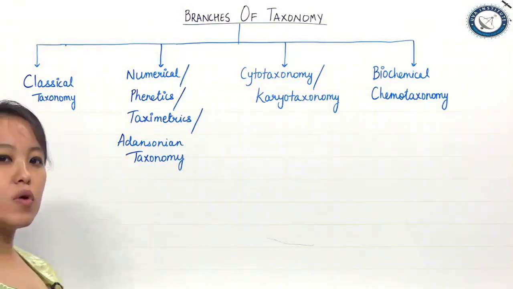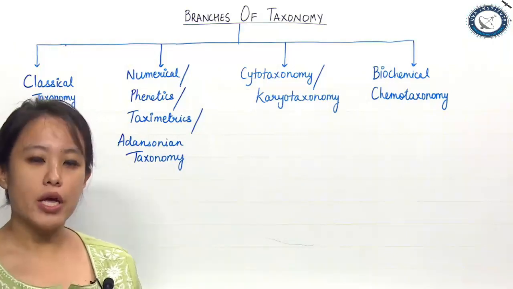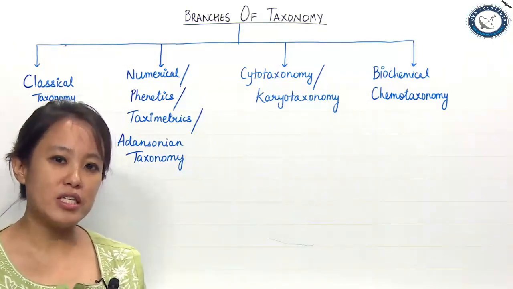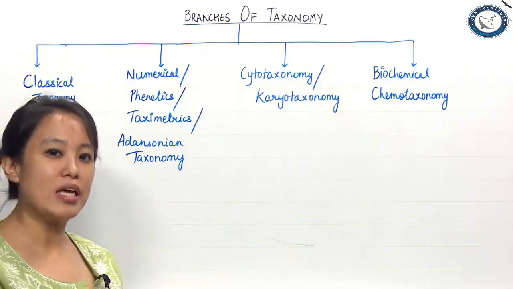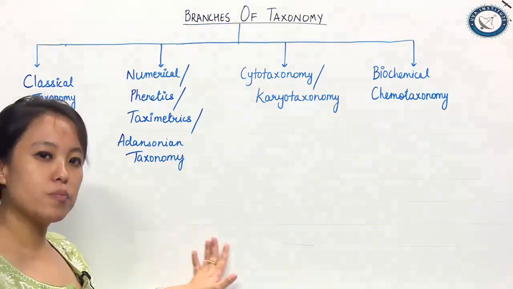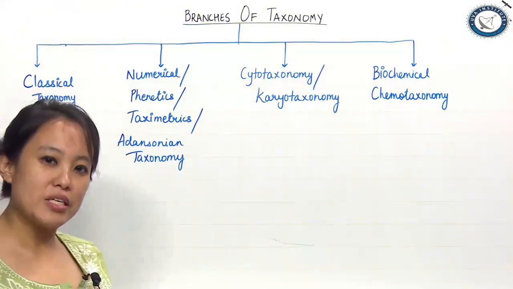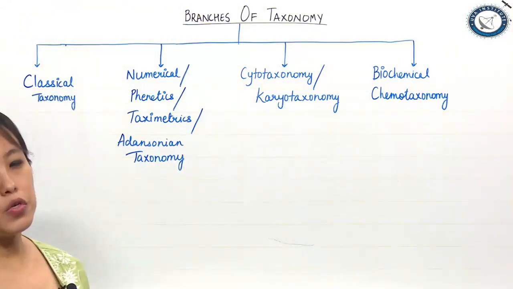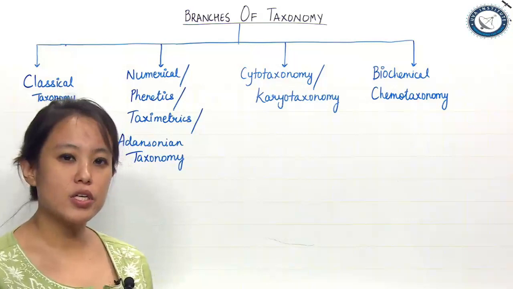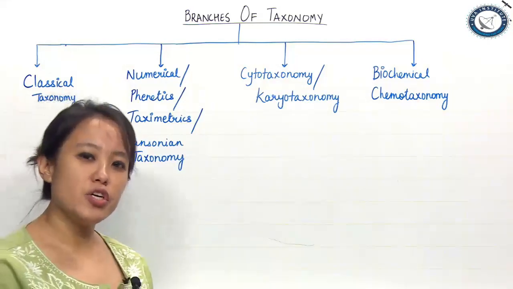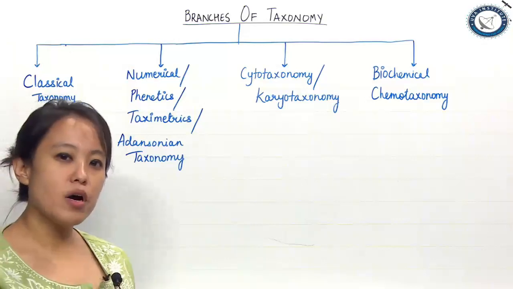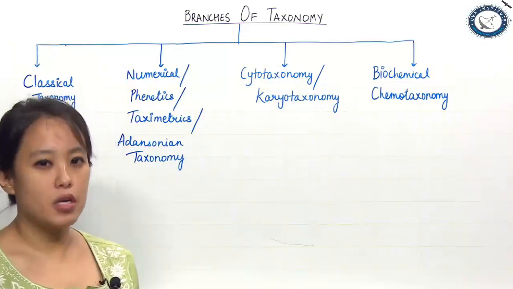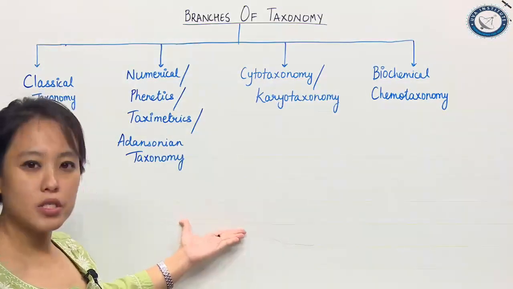But yes, there is one scientist, his name is Turrill, who has given us the latest mode of understanding taxonomy, which we will be dealing with later. But right now, let's start from the beginning, how taxonomy is divided. Say for example, in order to study morphological characters, embryological evidences, genetic analysis, or cytological analysis, every branch deals with them separately.